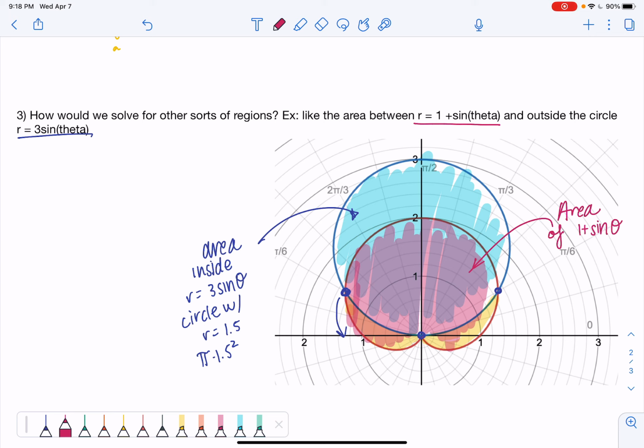And what should we do with the pink and the blue areas? Where is the yellow area?